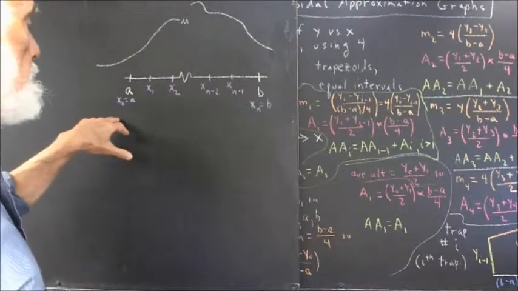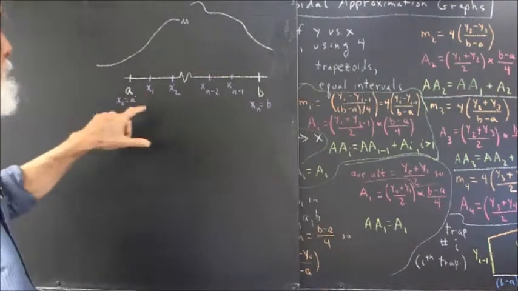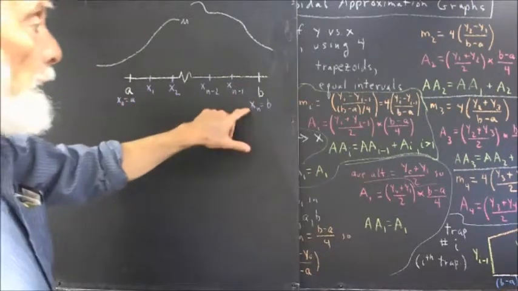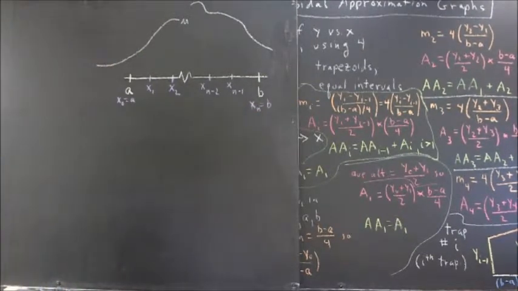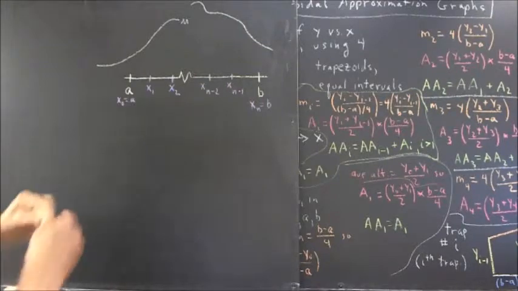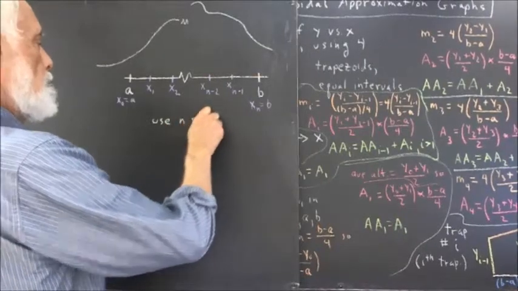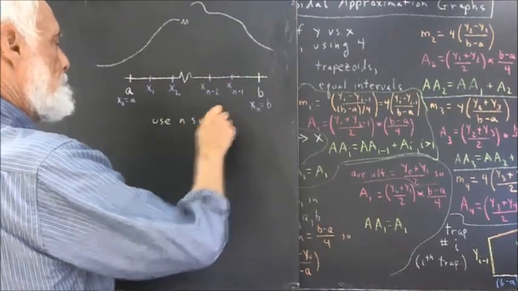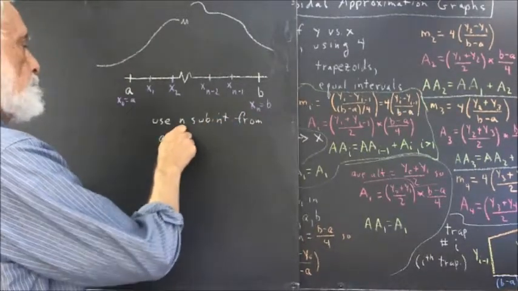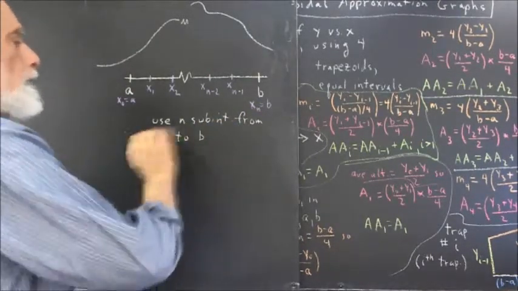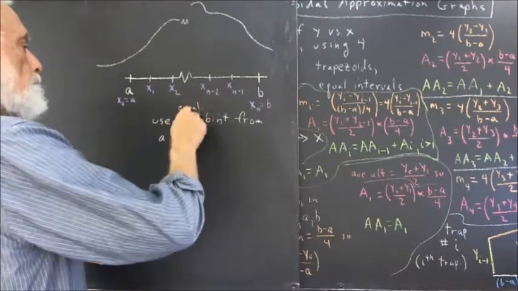We're going to calculate our interval width, and using that we're going to label x naught as A, x sub n as B. We're going to use n subintervals from A to B. And I maybe should have said n equal subintervals.